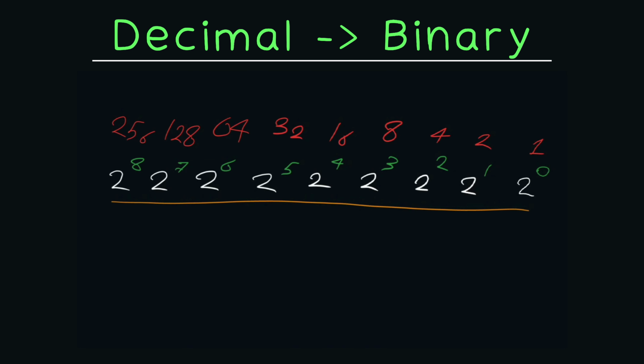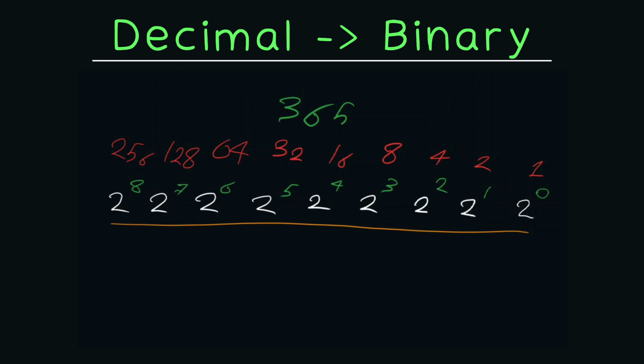Let's go for the number 365. Okay, so the number 365 has 256 within it. Now, if we deduct 256 from 365, you're left with 109 extra. What are we going to do with that 109 extra?